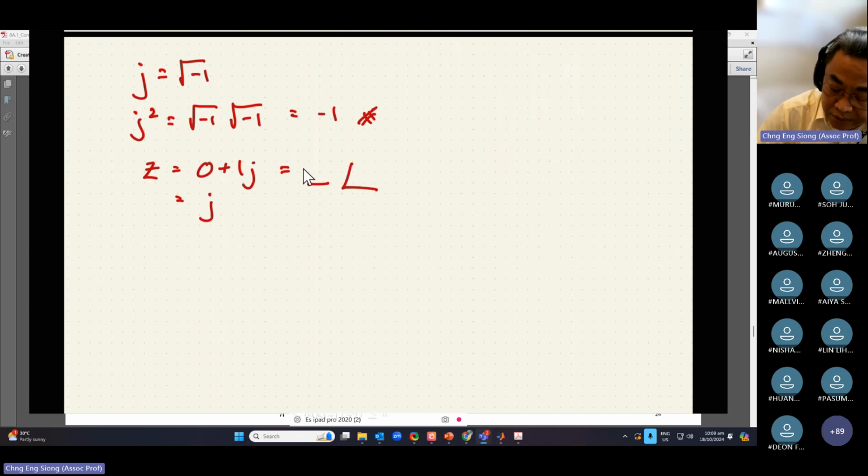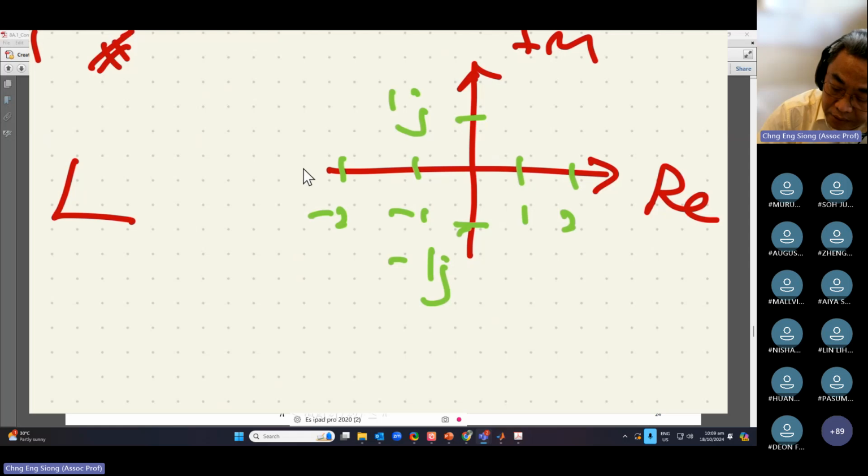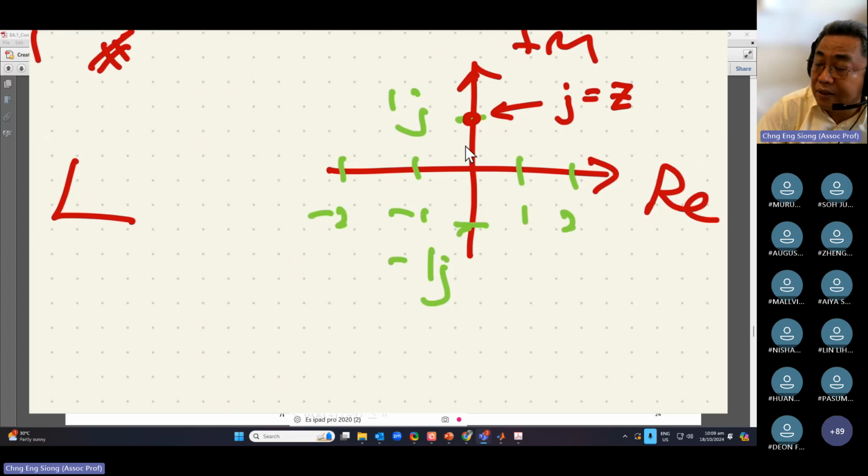Where is j, guys? In the plane, this is the real line, and this is the imaginary line. This is, of course, 1. This is 2. Minus 1, minus 2. This is j, 1j, right? This is minus 1j. So j is sitting here. Z equals j, so its length is 1, and its angle theta equals pi over 2, 90 degrees.